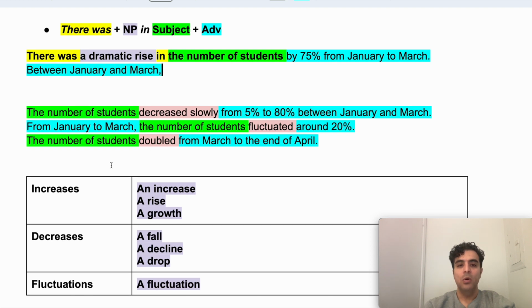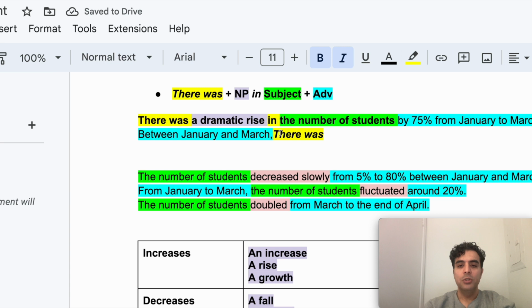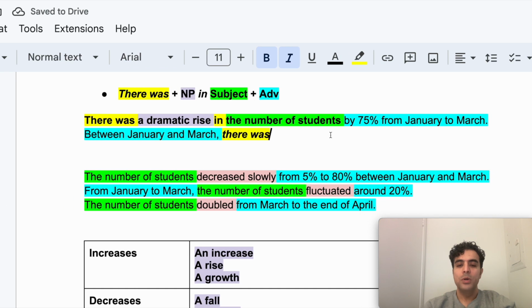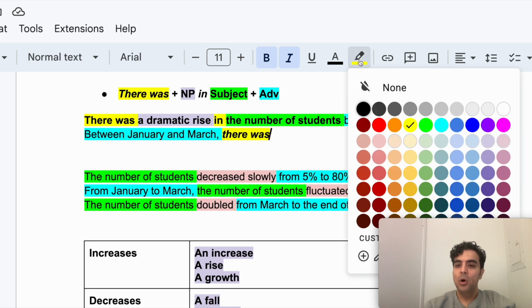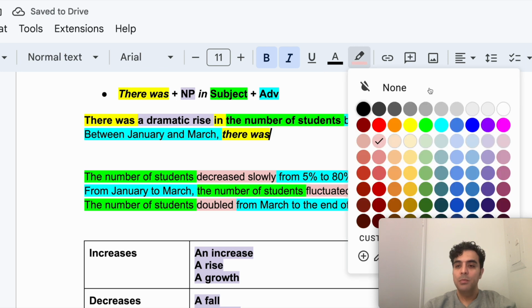Okay, so between January and March, what next? The fixed structure. There was. So I'm just going to copy that here. Now, there was what? Decreased slowly has to change into a noun form. So I'm going to say there was, whoops, the color should be purple.